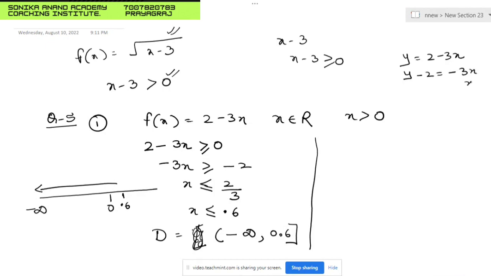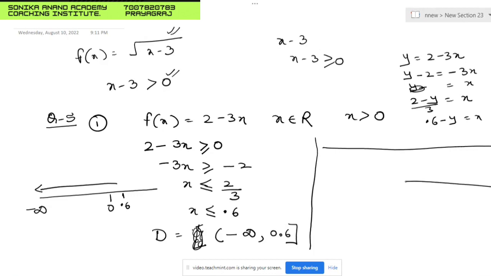So the value of x becomes (2 minus y) over 3. That is the value of x. We can't take it out this way, so we just go for the graphs. Wait a minute.